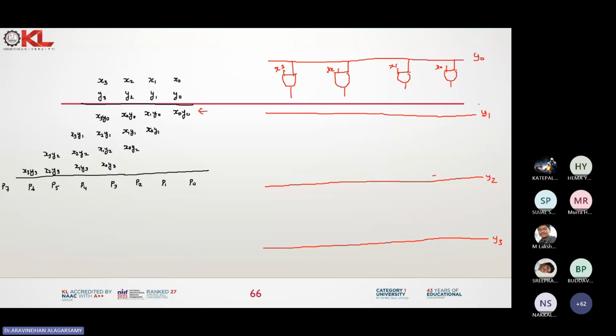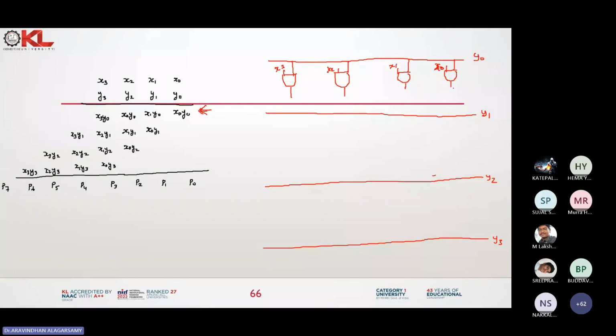Please understand the diagram and then draw. Don't mug up the diagram. I have plotted for all your multipliers y0, y1, y2, y3. Let me just draw the first one, x0, y0. I'm taking from y0 and giving x0 as an input to an AND gate, followed by x1, y0, followed by x2, y0, followed by x3, y0.